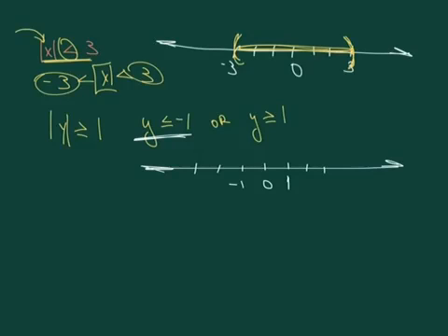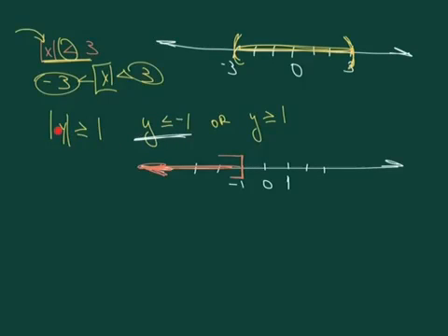Y is less than or equal to -1. Okay, so y is less than or equal to -1. It can include any of these numbers. Alright, look what that means. Because what's it saying?